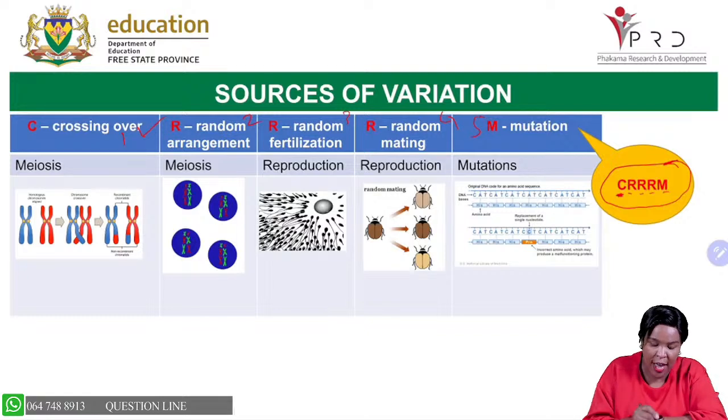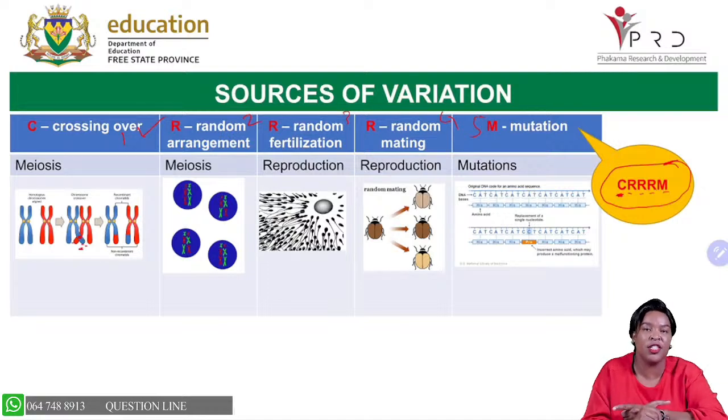What is crossing over? Remember, when chromatids of non-sister chromosomes touch at a point called the chiasma and exchange genetic material, that is crossing over.